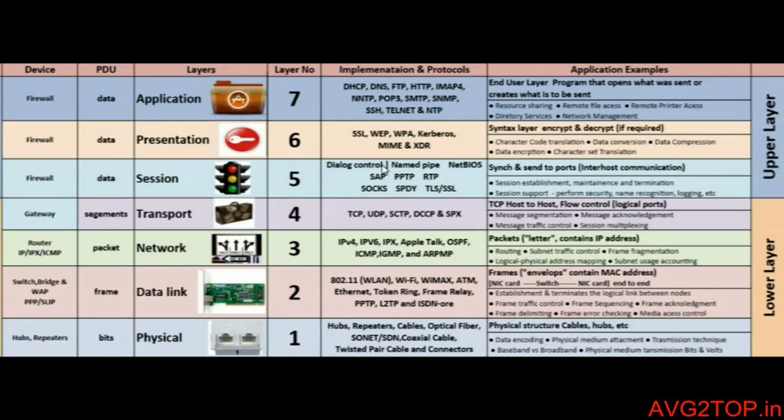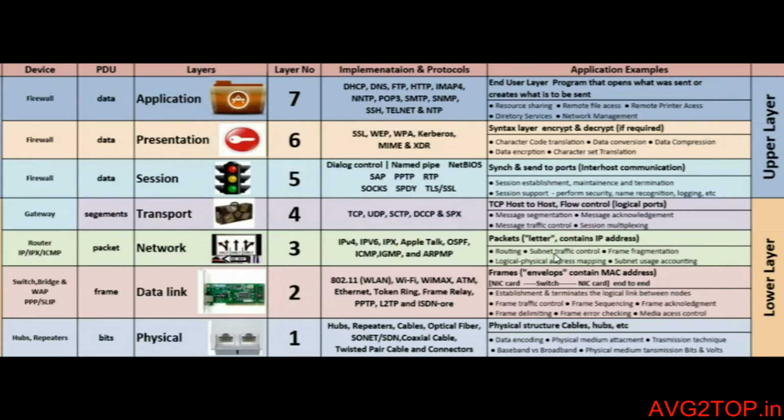These are some of the protocols that are used: SAP, RTP, SOCKS are some of the common ones that we use in our daily life. Some of the real-time supports are performance, security, name recognition, and login, which are some of the applications that come under the session layer. And a very good example is the firewall.